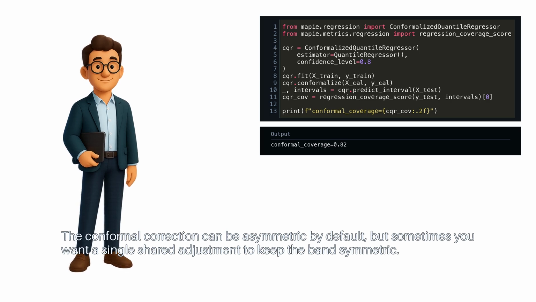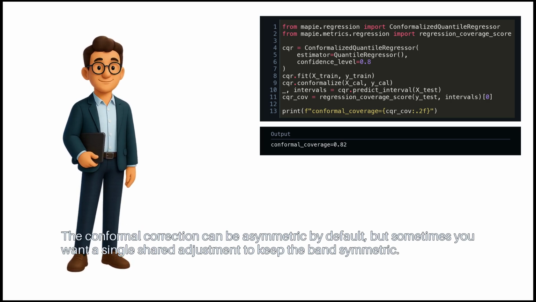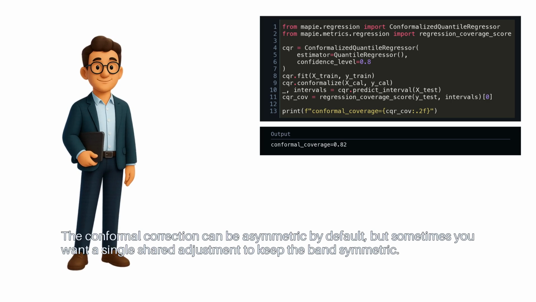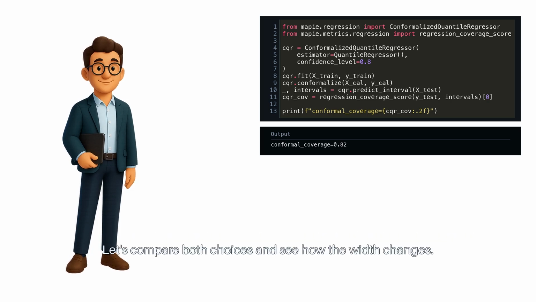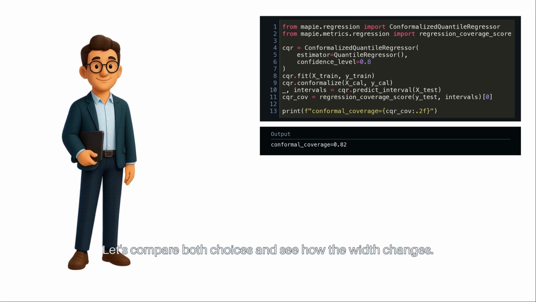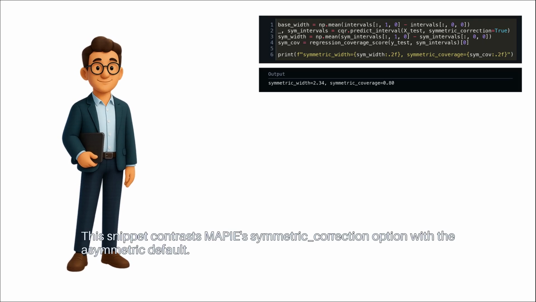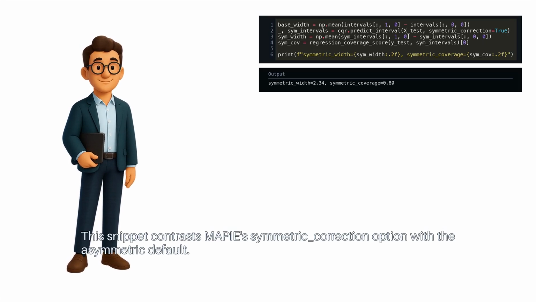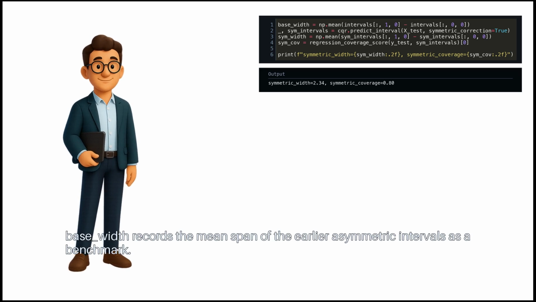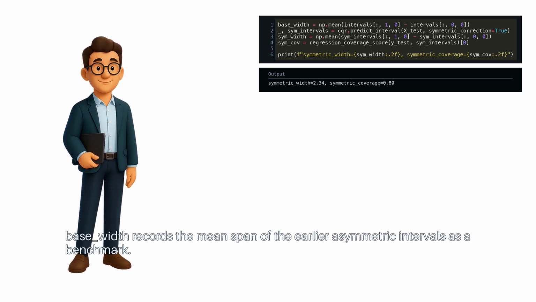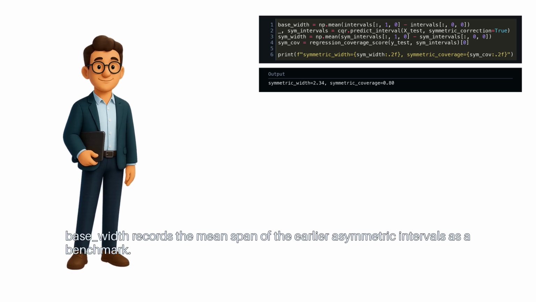The conformal correction can be asymmetric by default. But sometimes you want a single shared adjustment to keep the band symmetric. Let's compare both choices and see how the width changes. This snippet contrasts MAPIE's symmetric correction option with the asymmetric default. Base width records the mean span of the earlier asymmetric intervals as a benchmark.